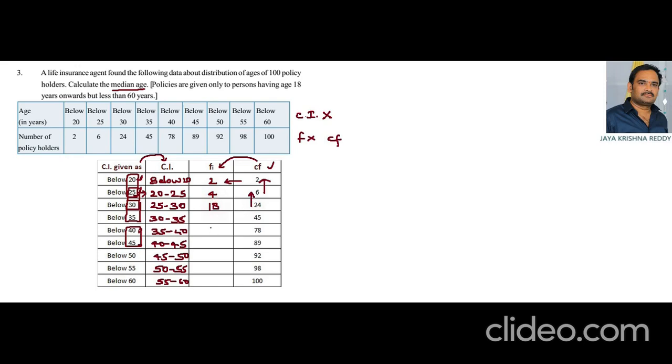Like that, you have to write the remaining. 45 minus 24 is 21. 78 minus 45 is 33. And next, 89 minus 78 is 11. Next, 92 minus 89 is 3. 98 minus 92 is 6. And 100 minus 98 is 2.